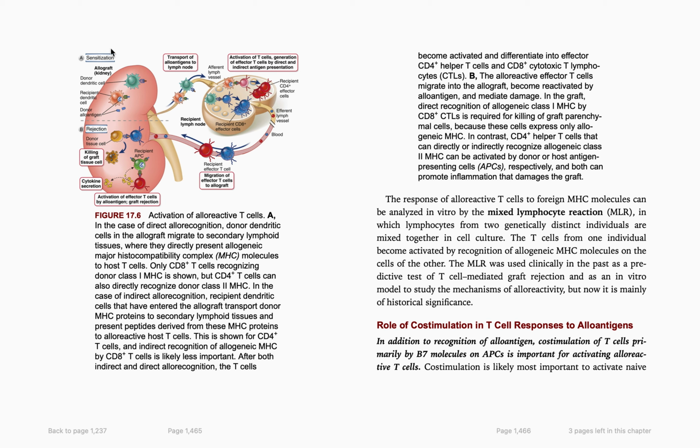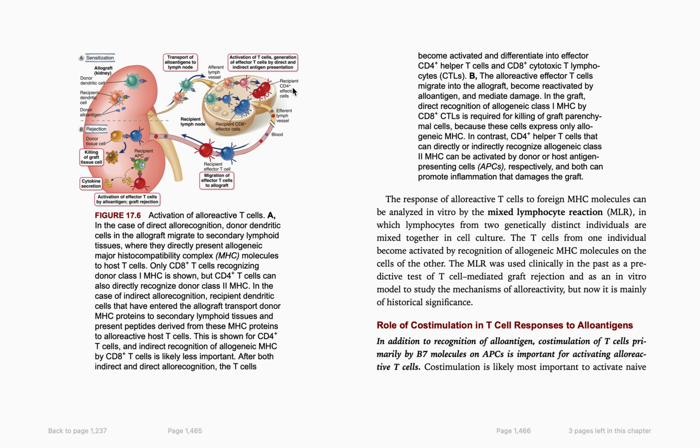So this is the diagram. If you follow it, in this allograft kidney there are donor dendritic cells, and the recipient dendritic cells have come in. These are called donor alloantigens. Then there is transport of alloantigens to lymph nodes through afferent lymphatics. After the transfer, activation of T cells and generation of effector T cells by direct and indirect antigen presentation will take place.